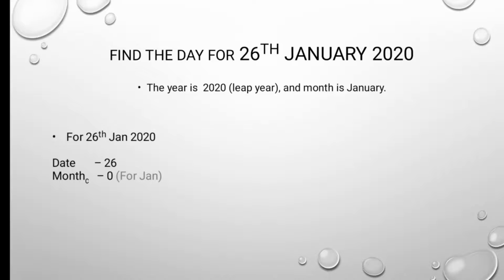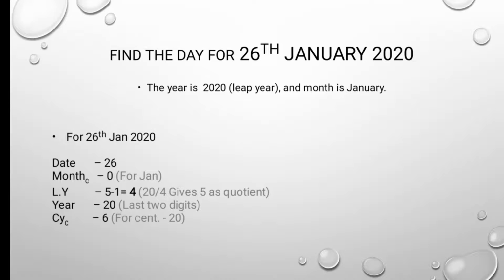For the month January, the code is 0. Number of leap years: earlier we had calculated 5, but because it is the month of January in a leap year, we subtract 1. That is, when 20 is divided by 4, you get 5 as the quotient, minus 1, so 4 is the number of leap years in this case. The year's last two digits are 20 and the century code for 2000 is 6.